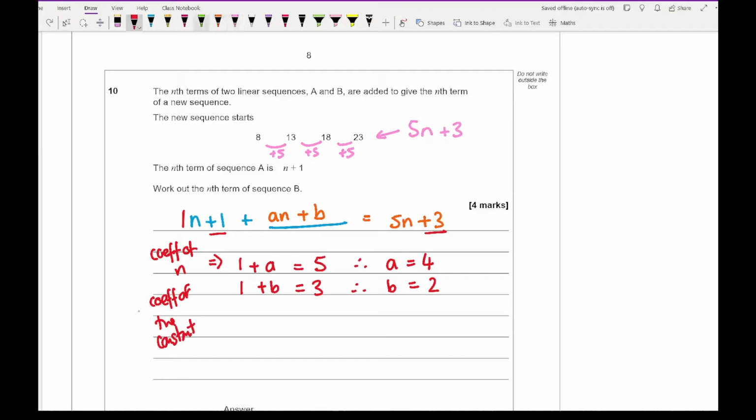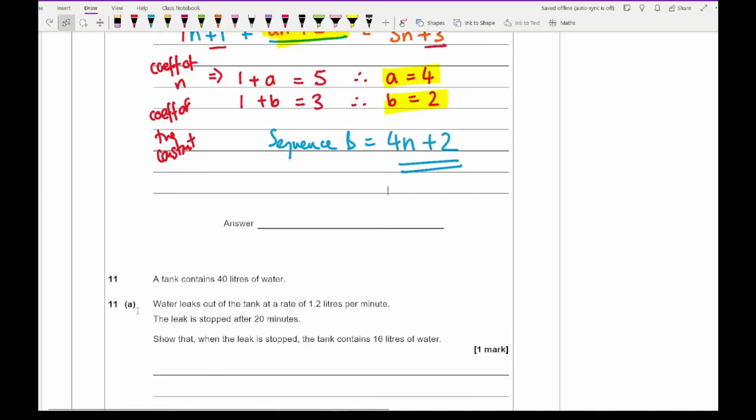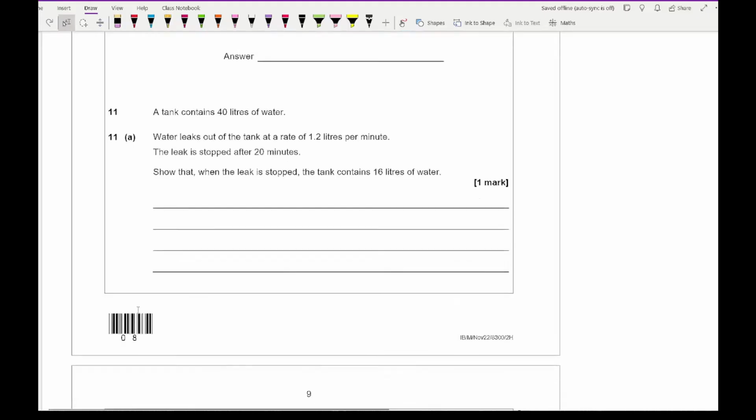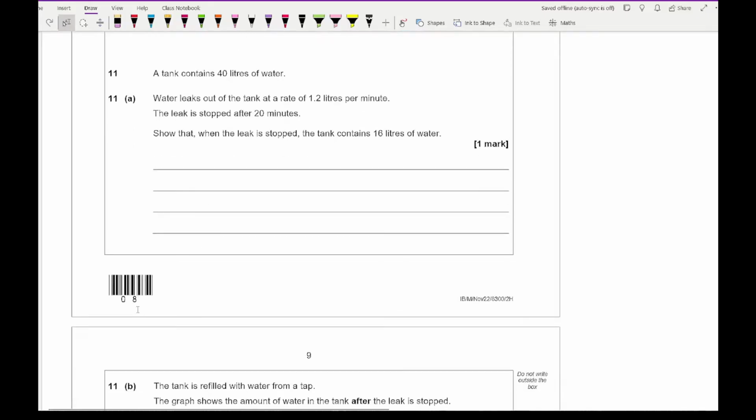Then if I substitute these two numbers into this equation, we get sequence B equals an, well, a is 4, so it's going to be 4n, and b is 2, so it's going to be 4n plus 2.